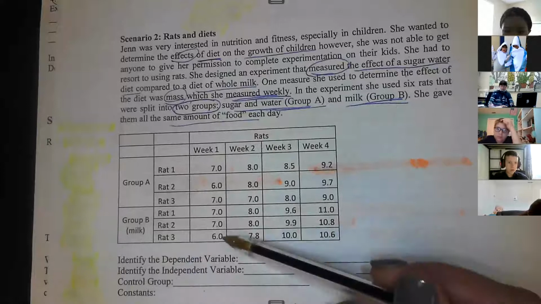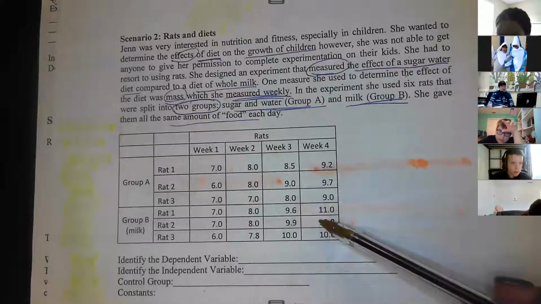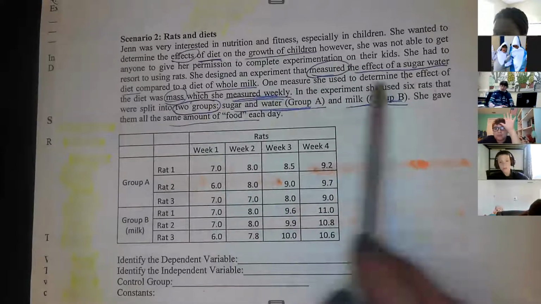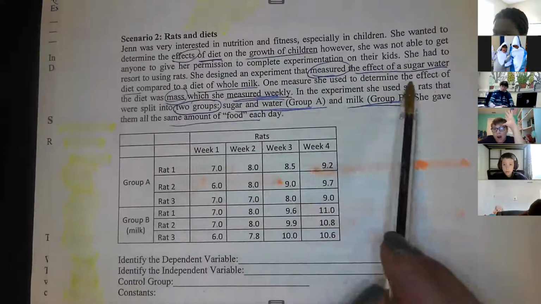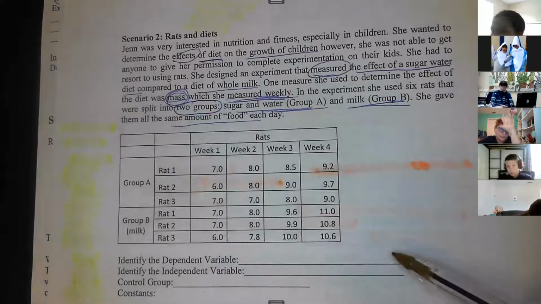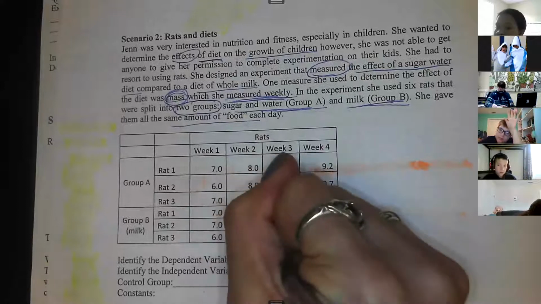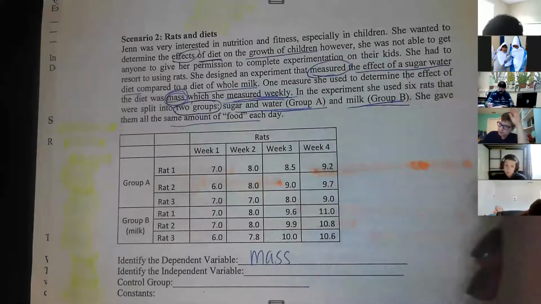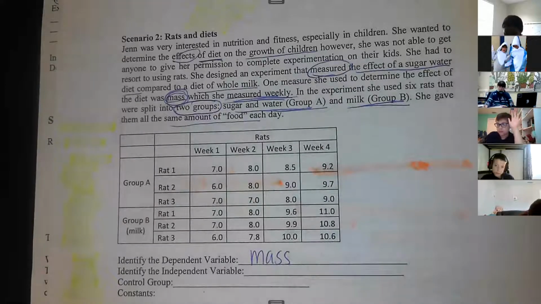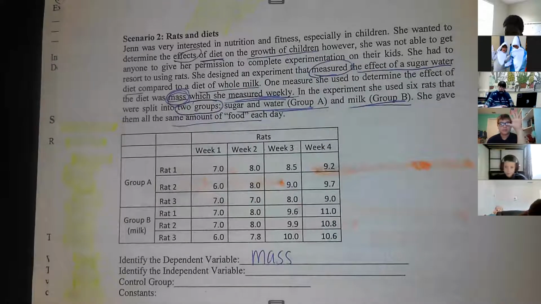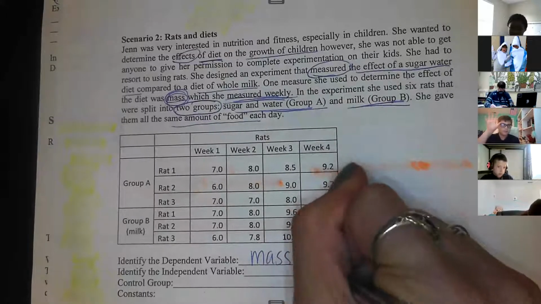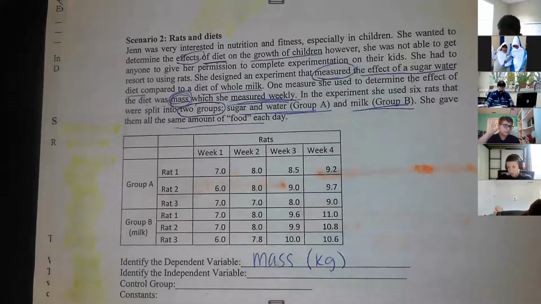What are these measurements of, height or weight? Height. Well, it said one measure she used to determine the effect of the diet was mass, which she measured weekly. So our dependent variable would be mass, which is measured in, she doesn't specify if she's using kilograms or grams. I assume it's kilograms, because that's definitely not pounds.